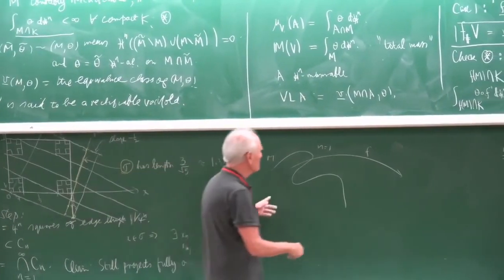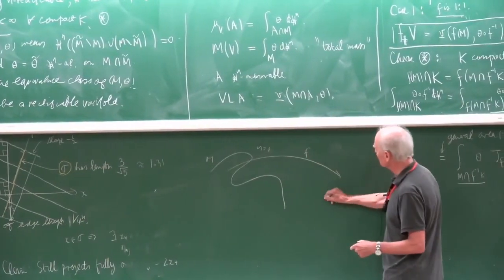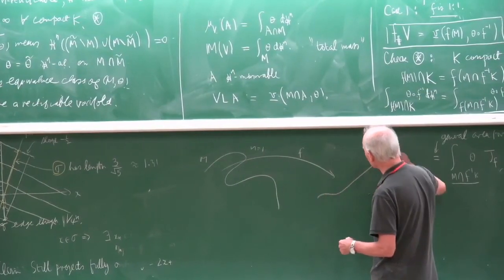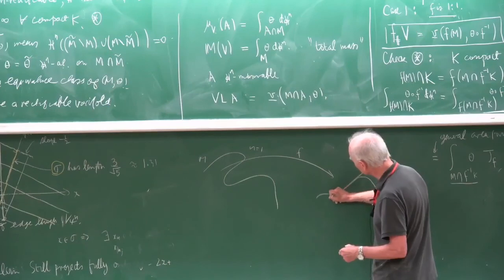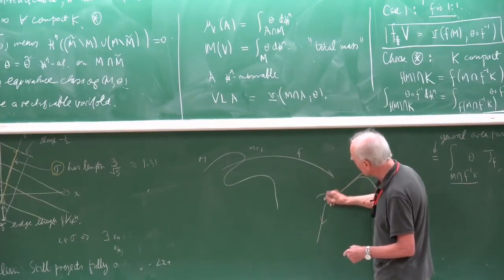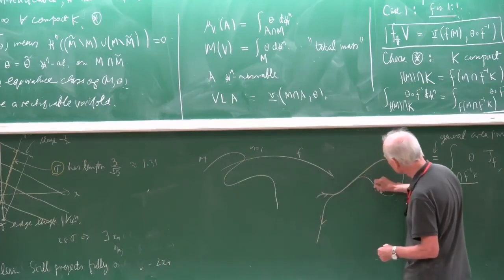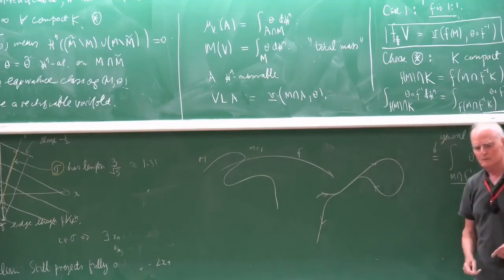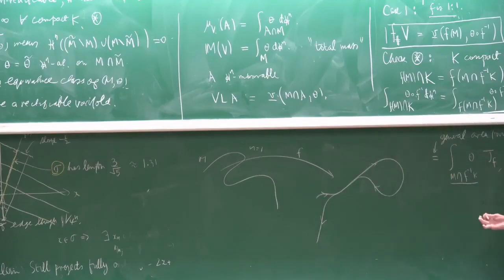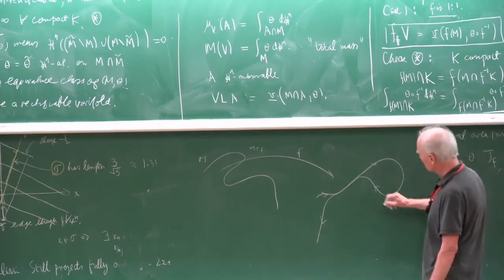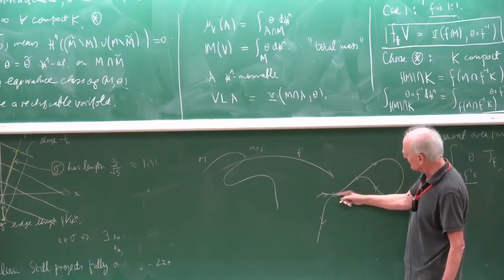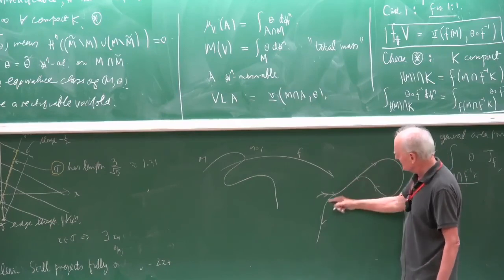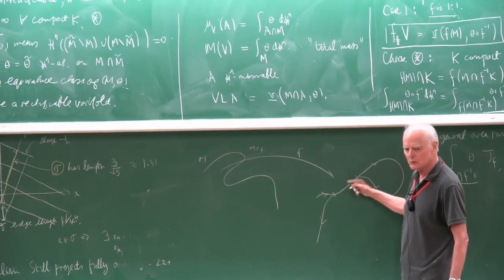Suppose that f is no longer 1 to 1 though, so f might do this. It might take the curve and make it double around here and then come back and stick to itself for a while. That would be one possibility. If you've no longer got a one-to-one map, then that sort of thing can of course happen. Now if that happens, you obviously should really think of the image here as having multiplicity 2 there, right?